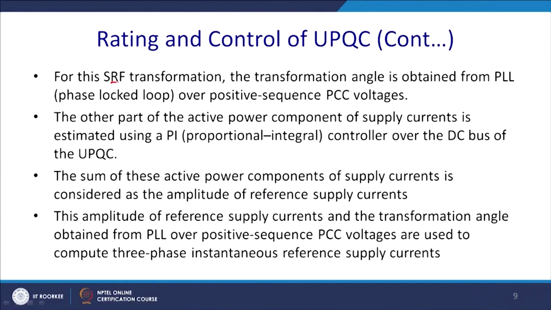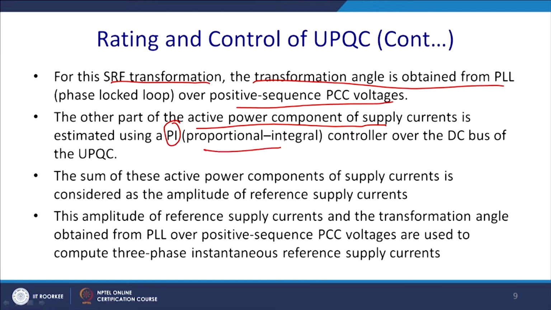For the SRF transformation, the transformation angle is obtained from the PLL, phase lock loop, over the positive sequence of the PCC voltages. The other part of the active power component of the supply current is estimated by using a PI controller or PID controller over the DC bus voltage of the UPQC.